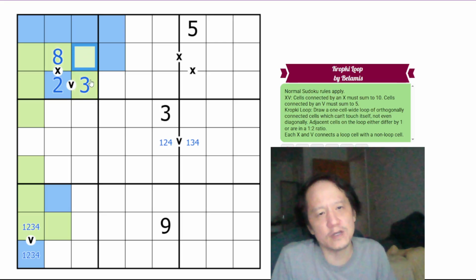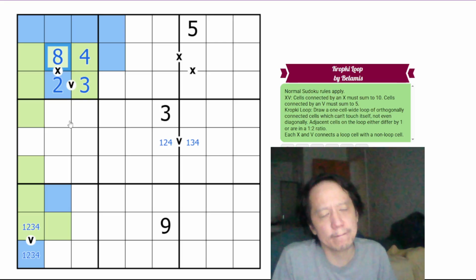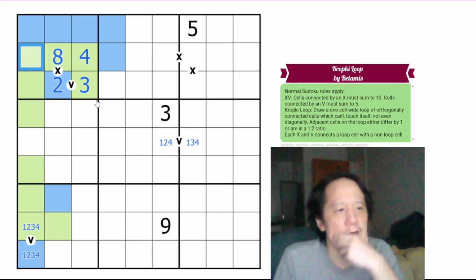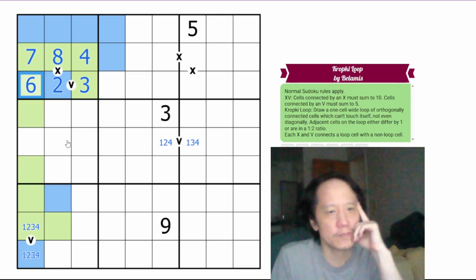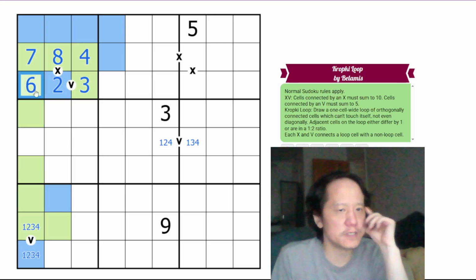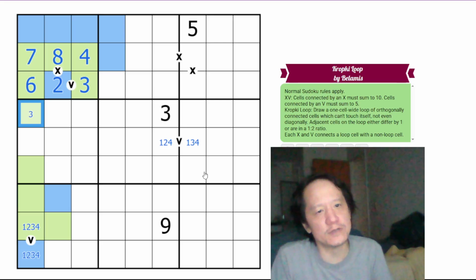Therefore, 3 is consecutive with 4. 4 would be in a 1 to 2 ratio with 8. 8 would be consecutive with 7 or 9, and 9 could not be here. So this would be 7, that would be 6. 6 is either consecutive with 5, or it's in a 1 to 2 ratio with 3.